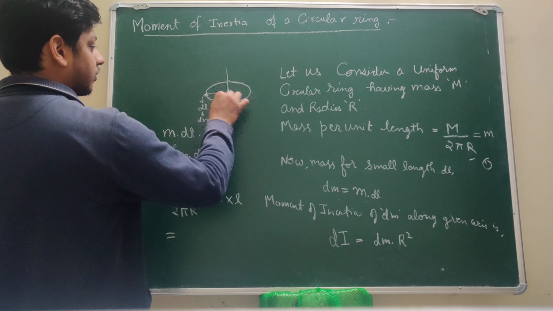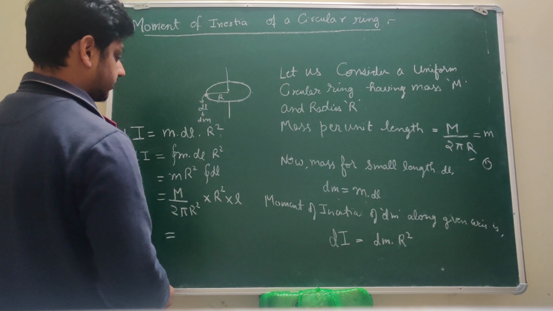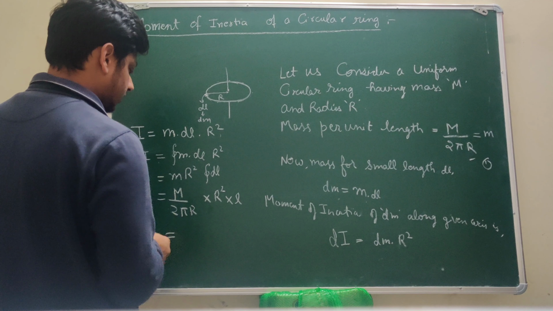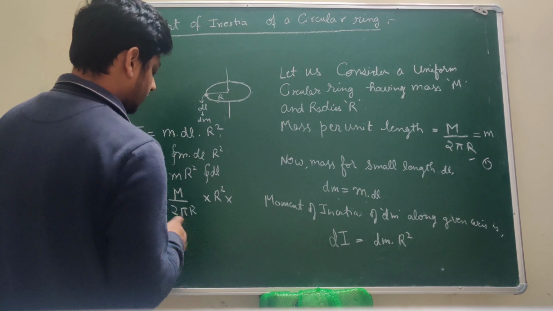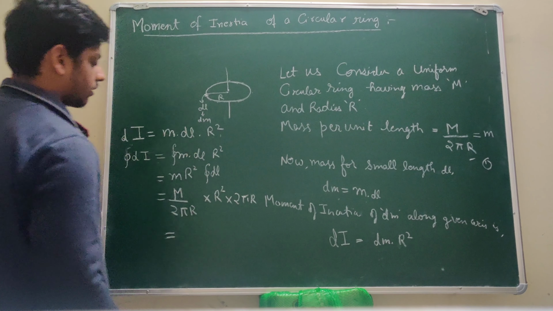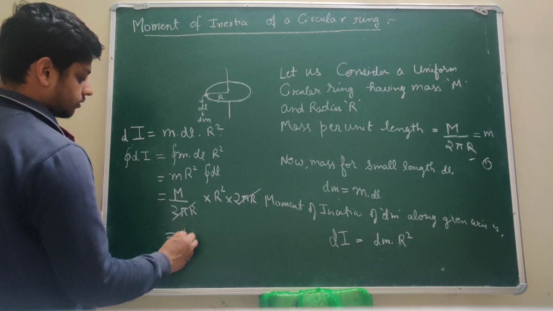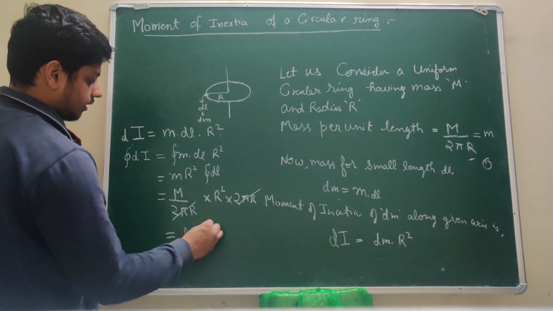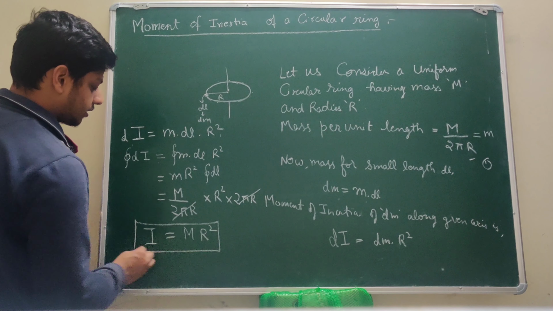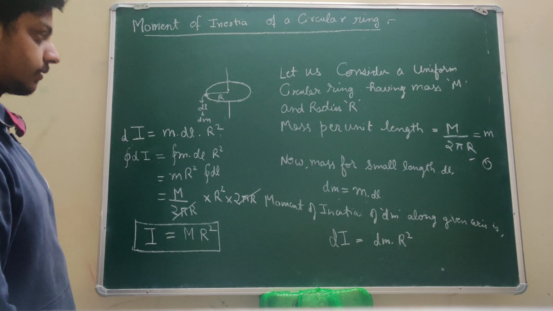L is the length of the whole ring, and it is equal to 2 pi r. So from here 2 pi r cancels out, and we get M r square, and this is the moment of inertia of a circular ring along the perpendicular axis.